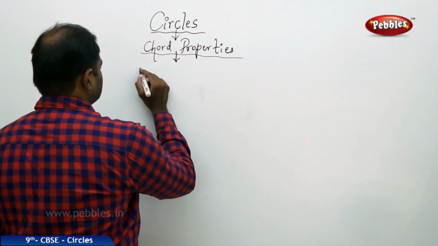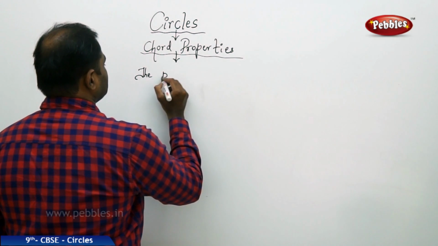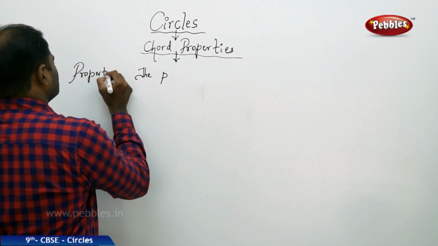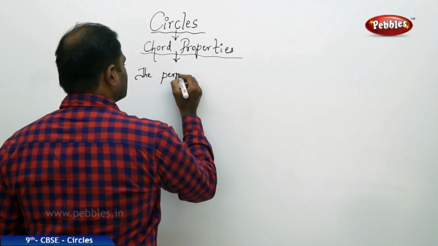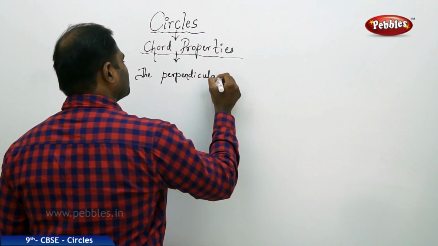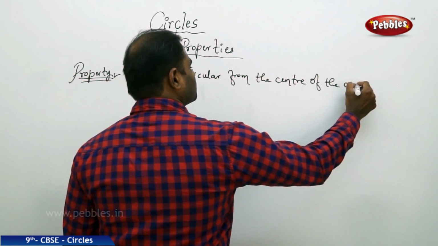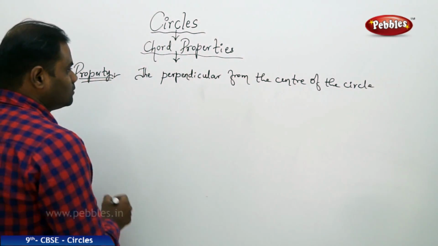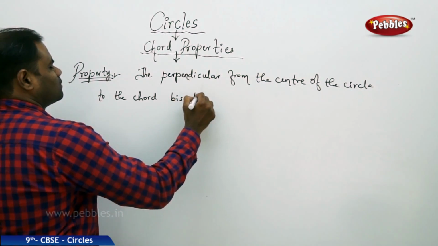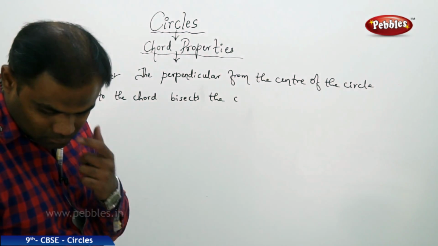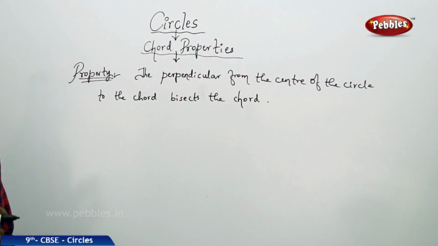So here the property says that the perpendicular distance from the center of the circle to the chord bisects the chord is how we understand the property.